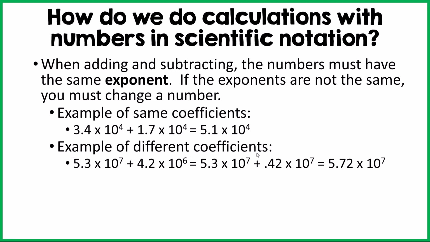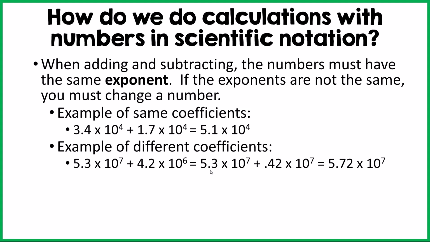If there are different exponents, then one of those numbers will need to be changed. So here's an example, 5.3 times 10 to the 7th plus 4.2 times 10 to the 6th needs to be altered so that these two exponents are the same. And you can alter either of those numbers in order to make them both 10 to the 6th or both 10 to the 7th.